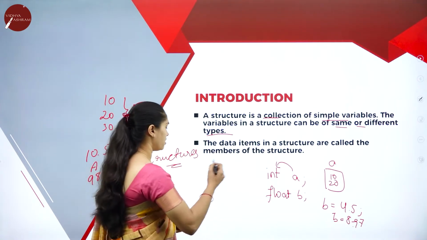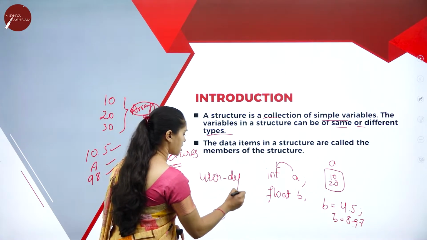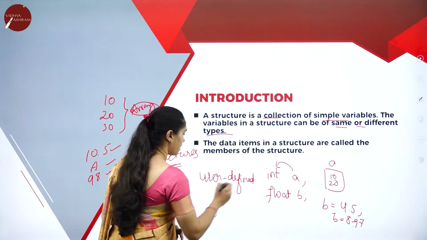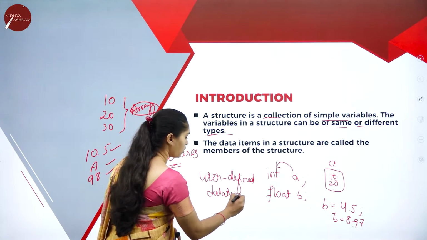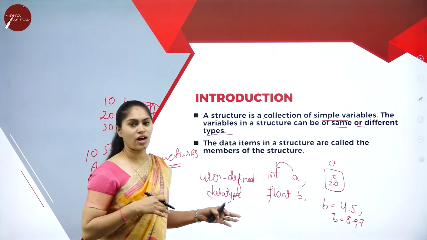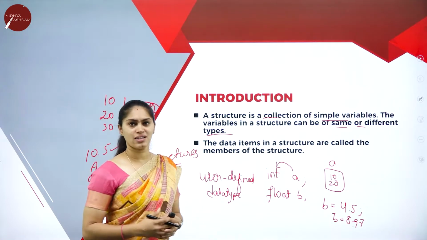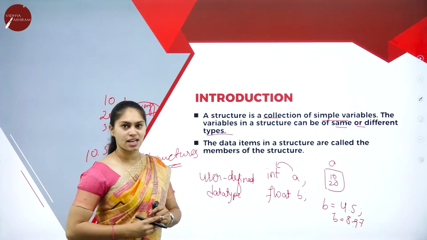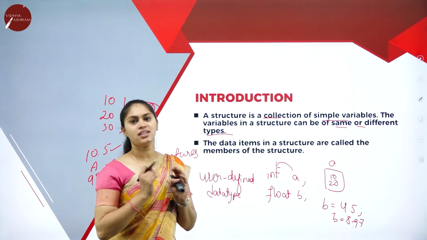So remember one thing: a structure is a user-defined data type. I can have my own variables of my own data type. When I want my own kind of variable, with different kinds of elements together, we have to use a structure. A structure is a collection of predefined data types.